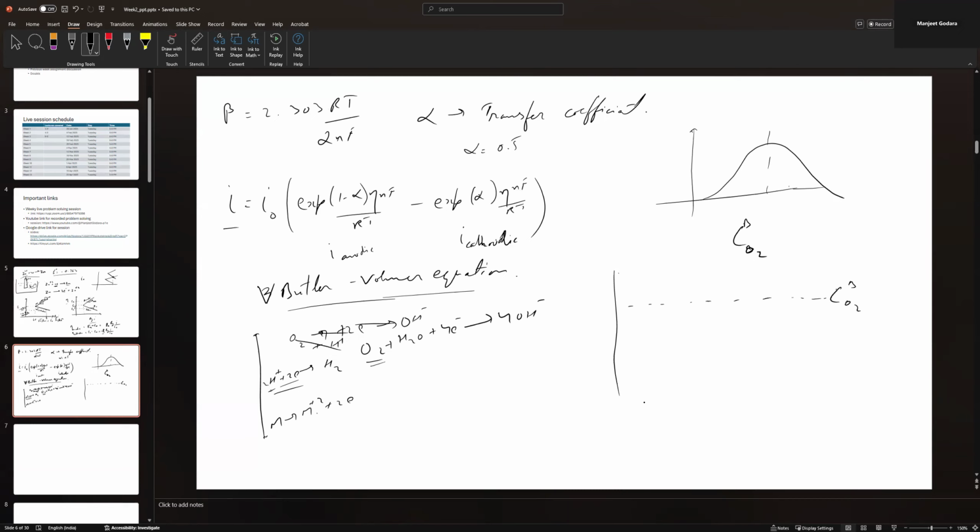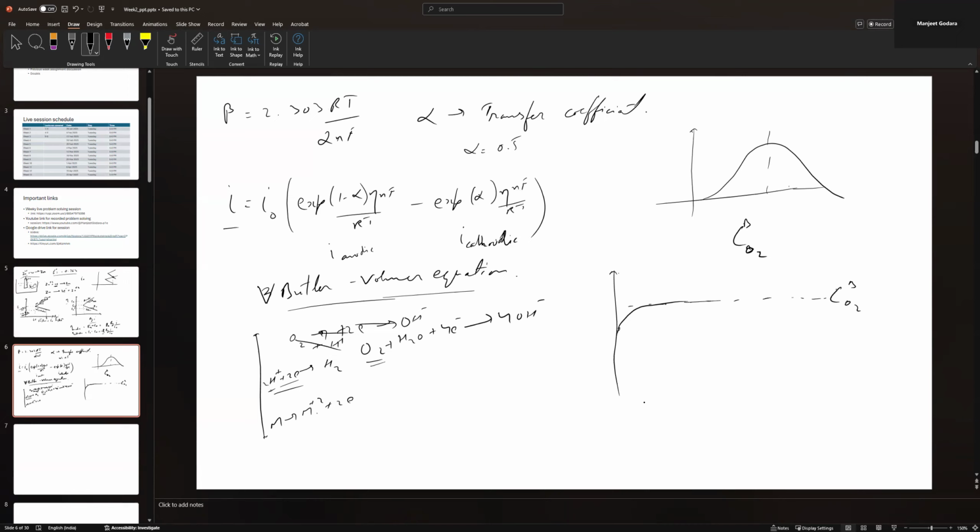Near the surface, you see a dip in the concentration since the oxygen is getting consumed. So the oxygen would need to diffuse toward the electrode surface as it's getting consumed. So here you'll see a diffusion limited reaction current.